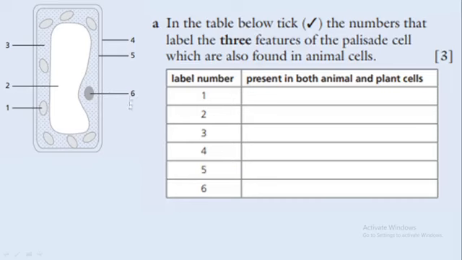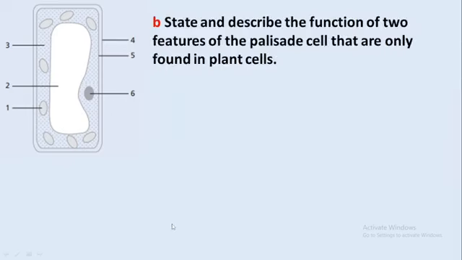So we have identified the features present both in animal cells and plant cells. These are 3, 5, and 6. These are the parts we are going to tick. So we have answered our question. I hope this is correct.